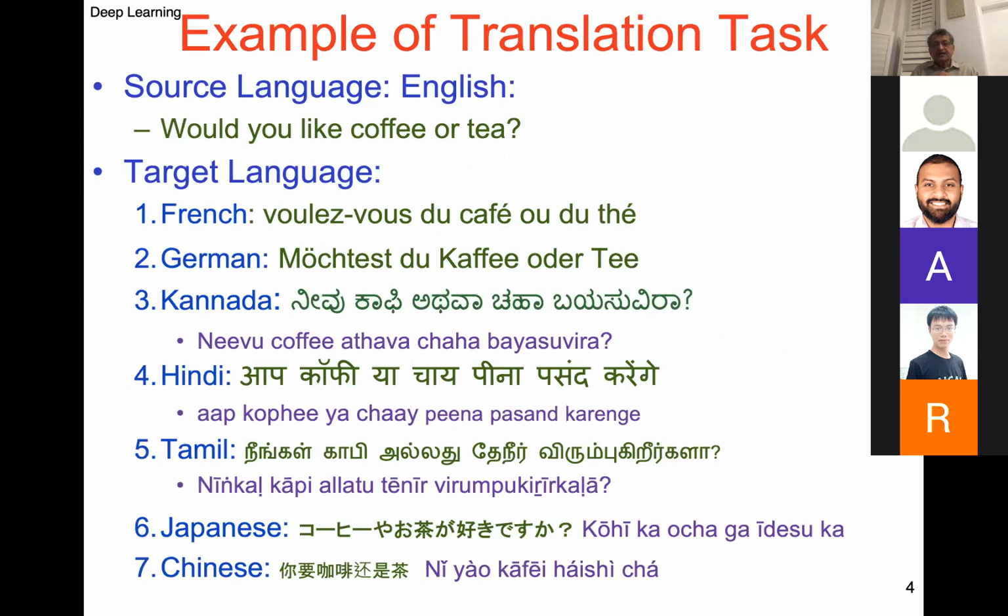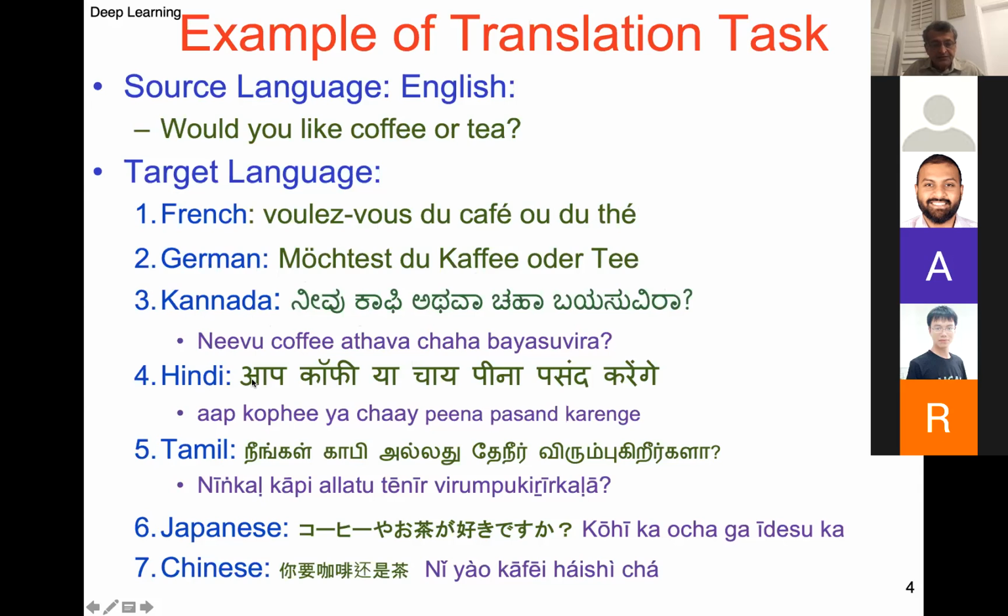All right, example of translation. I just put down some examples of the translation task in the source language in English. If you say, would you like coffee or tea? And if the target language is, say, French, you would say, voulez-vous du café ou du thé, right? German is möchtest du Kaffee oder Tee. In Kannada, you would say, ನೀವು ಕಾಫಿ ಅಥವಾ ಚಹಾ ಬಯಸುವಿರಾ?